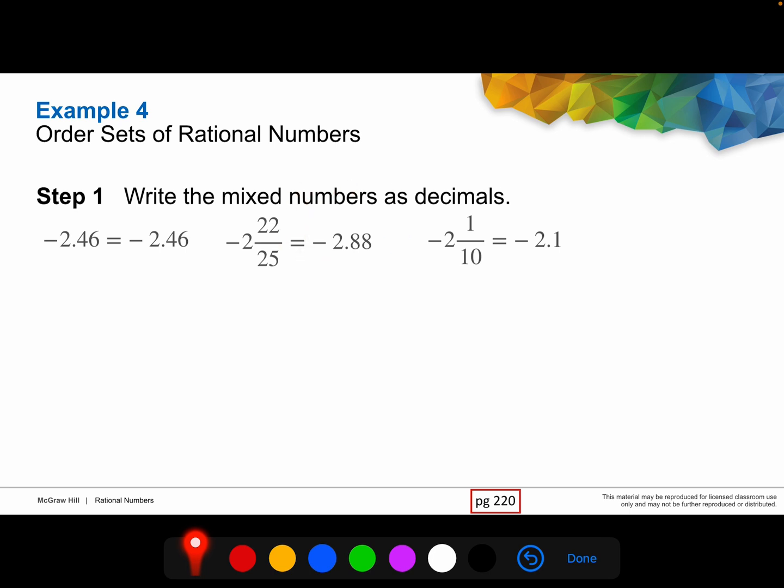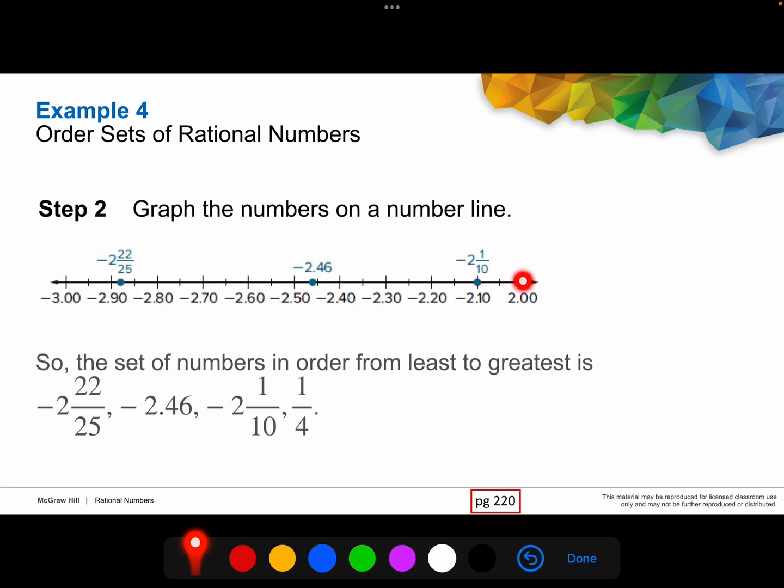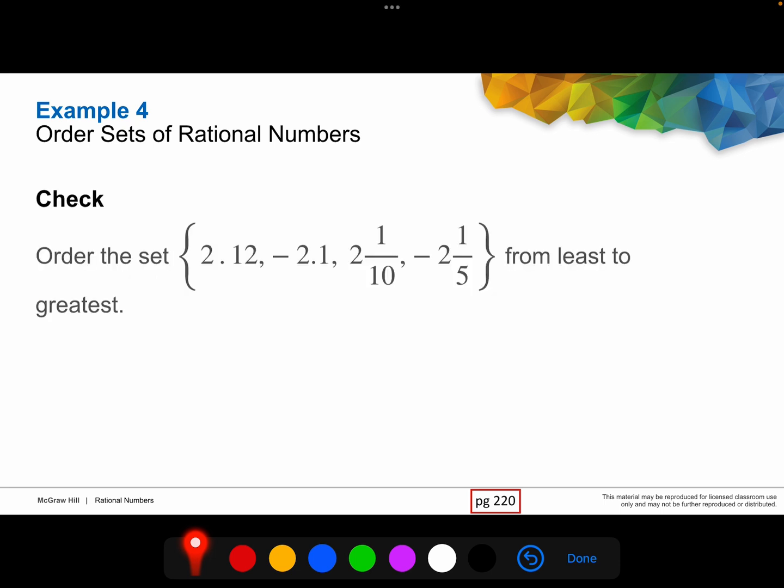And then negative 2 1/10 is nothing but negative 2.1. So let's graph these on our number line. We have negative 2 22/25, negative 2.46, and then negative 2 1/10. So that's the order of our rational numbers, followed by 1/4 to the right. Don't forget that one. Pause and do this check problem on your own.